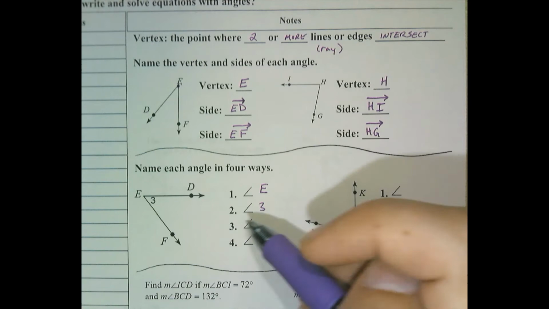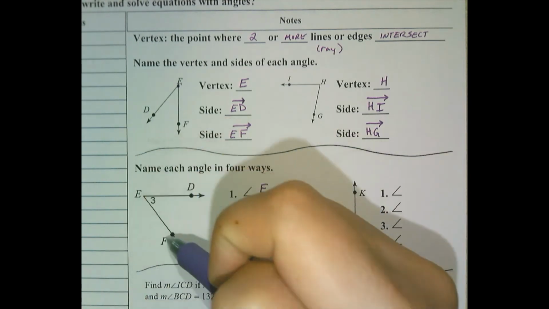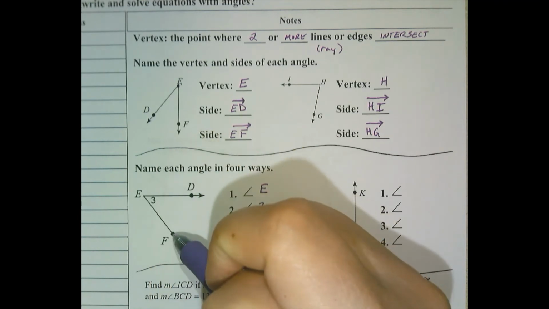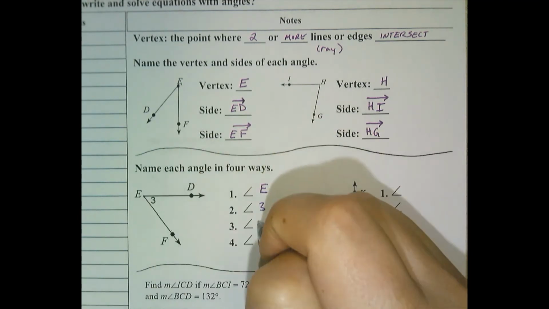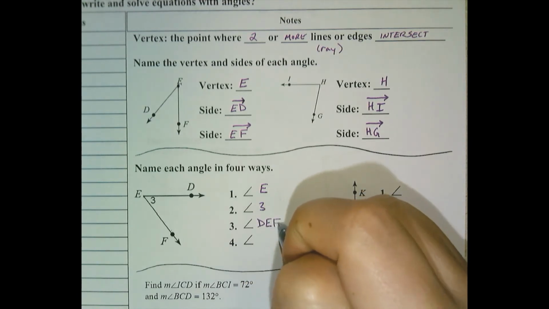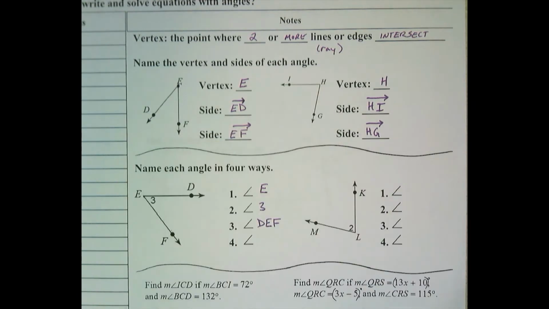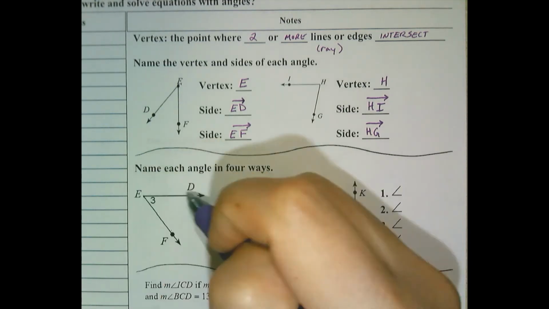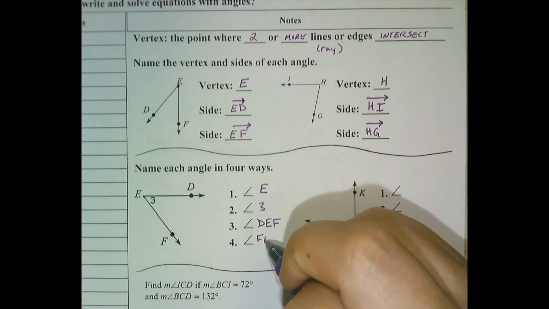You can also define angles by points that create them. So if I start at D, I go to E, and then I move to F, I've created angle DEF, which is the same as angle E or angle 3. And it doesn't matter which direction you move in, so angle FED works as well.